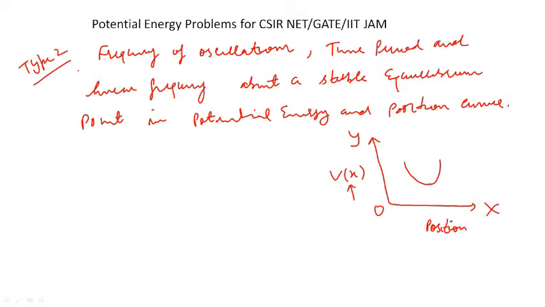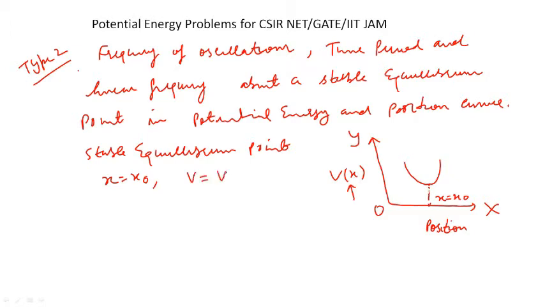Now suppose this is the stable equilibrium point, and for it x equal to x0. You also know that for stable equilibrium point, means x equal to x0, your Vx is minimum.